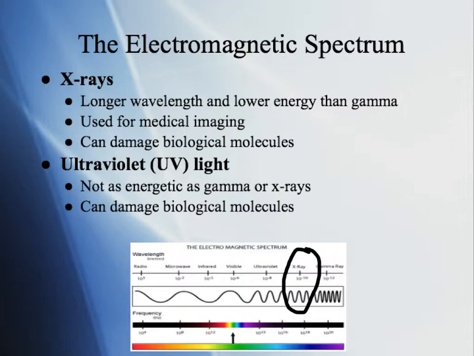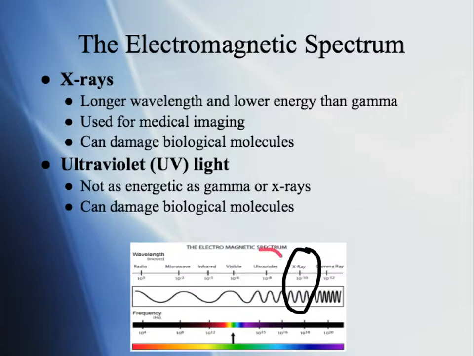You probably know that X-rays are used for medical imaging, but just like gamma rays, even though they have a longer wavelength, they still have super high energy compared to the other electromagnetic radiation. That energy can damage biological molecules. That's why you don't want to have too many X-rays done on your body, because it can damage cells and cause cancer.